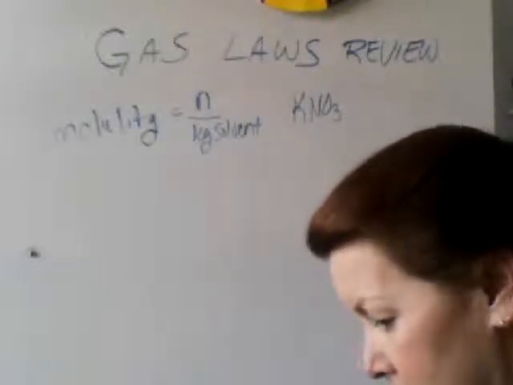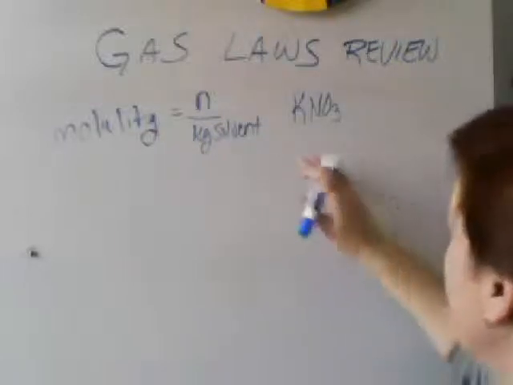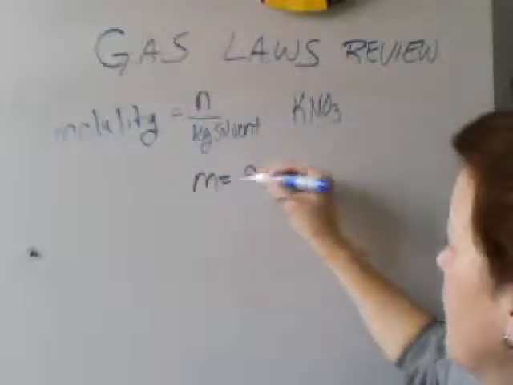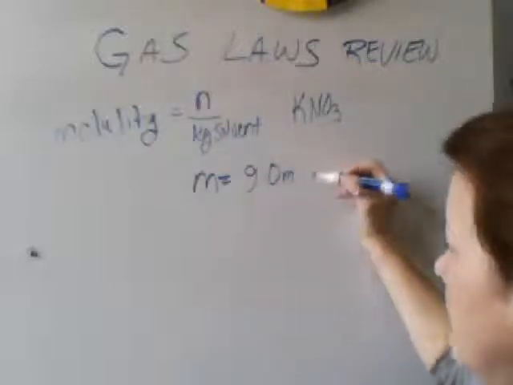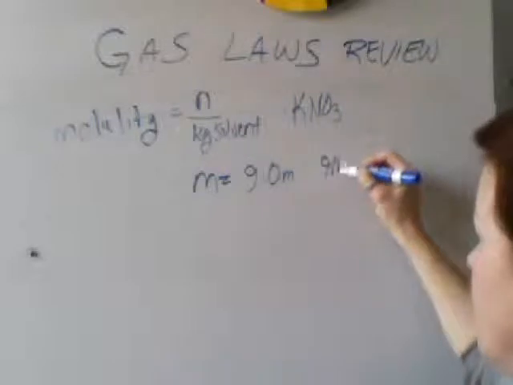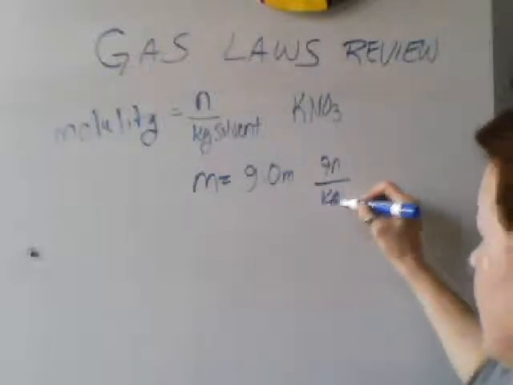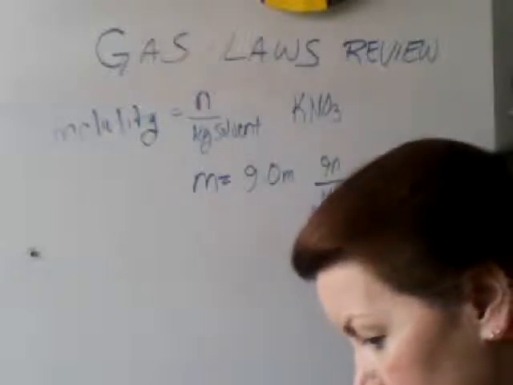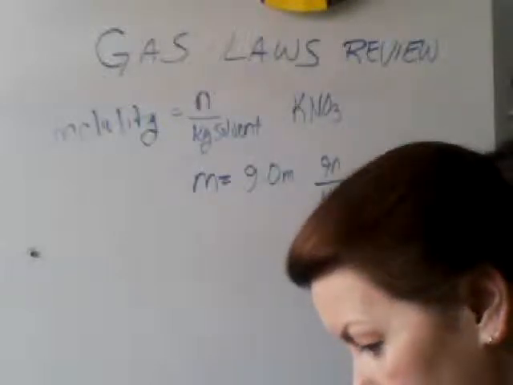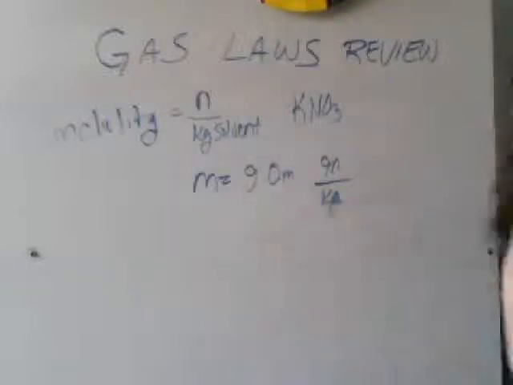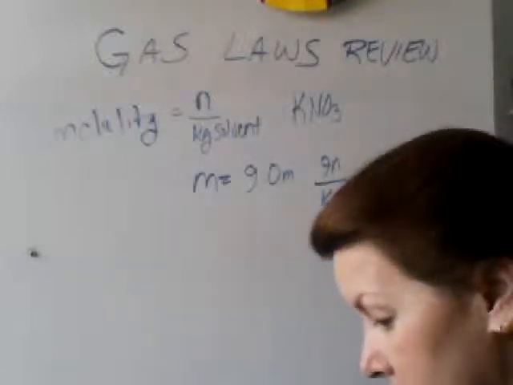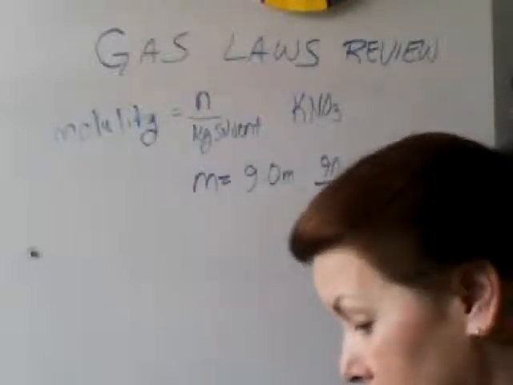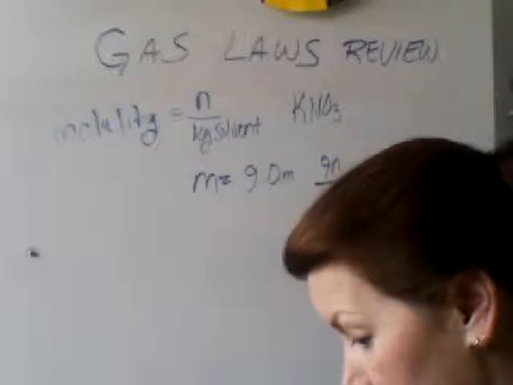We were given that molality equals 9 m, so that means that there are 9 moles in every kilogram of solvent, and we aren't given a mass, so we can choose whatever mass of water we want. We want to make it easy on ourselves, so we're going to say that there's 1 kilogram of water, and so we can say there's 9 moles in that 1 kilogram of water.